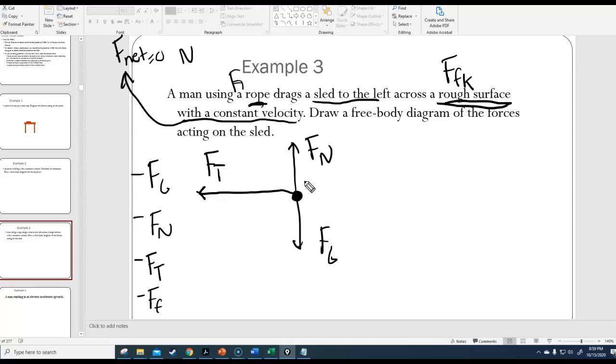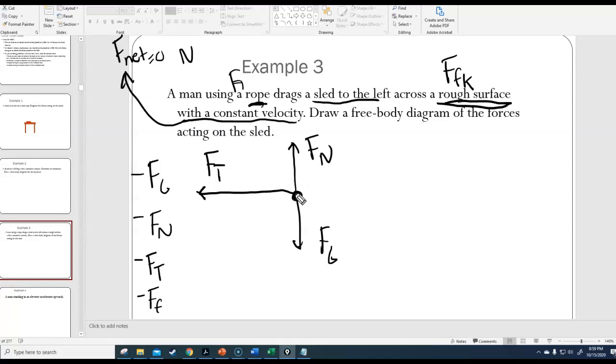Well, not exactly, because when we add up the forces, when we do the sum of the forces, these y forces only affect each other, and the x forces only affect each other, kind of like in projectile motion. You keep the x stuff and the y stuff separate. So I need a net force of 0, but that only means that my two y forces have to balance each other out, and then my two x forces also have to balance each other out.